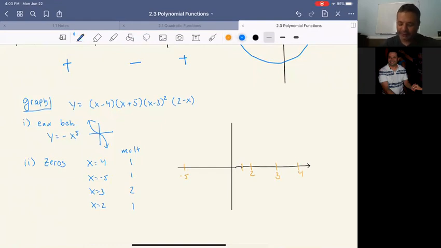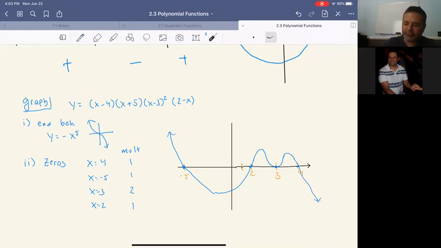Now it's going to start out up here, and it's going to cross at negative 5. At 2, multiplicity 1 again, so it crosses. At 3, we have a multiplicity 2, so it's going to take a bounce there. And then at 4, multiplicity 1, it's going to cross.